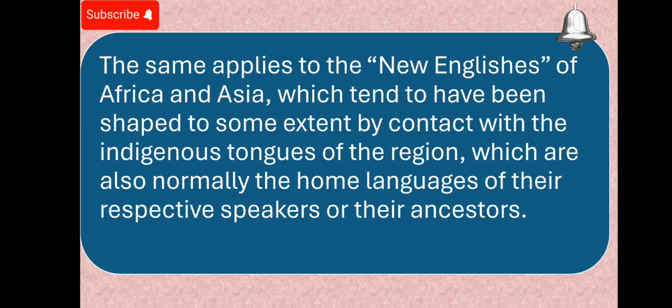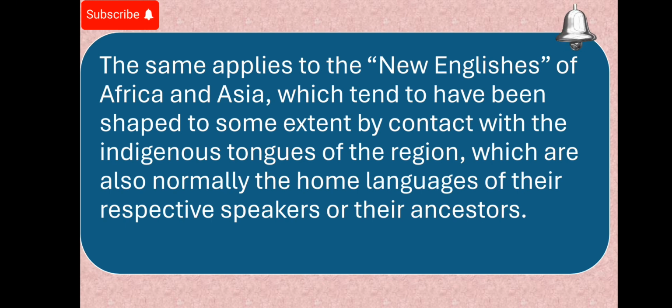Because in India, we spoke Urdu in the past, and we spoke Hindi. In Pakistan, we still speak Urdu, and in India, they speak Hindi. In Bangladesh, they speak Bengali. Right? So these are Asian countries. So English was in contact with these indigenous languages.